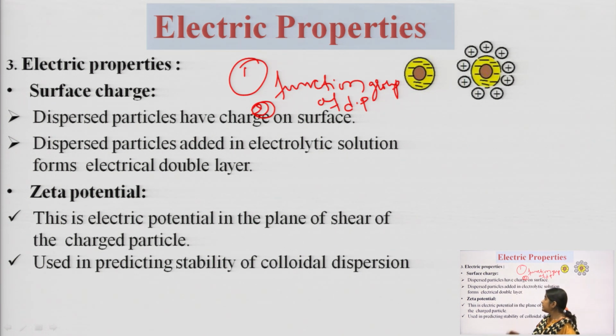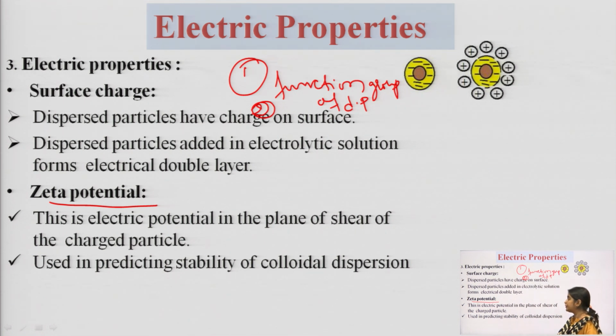And so, this surface charge is an important measurement. Why? Because this measurement helps us to predict the stability of the colloidal system, and mainly this stability is denoted by your zeta potential.